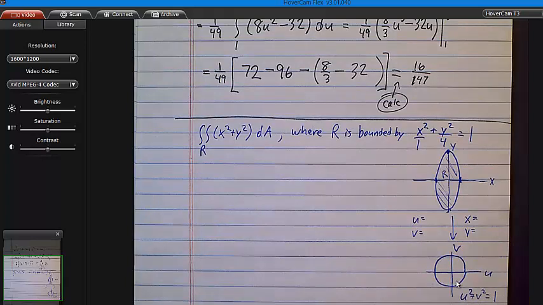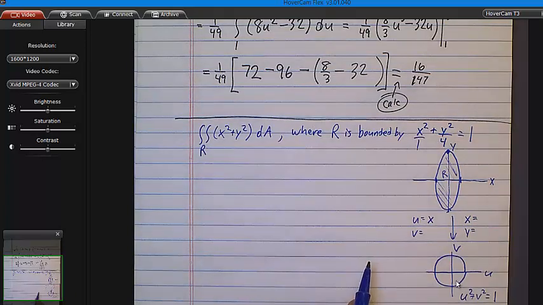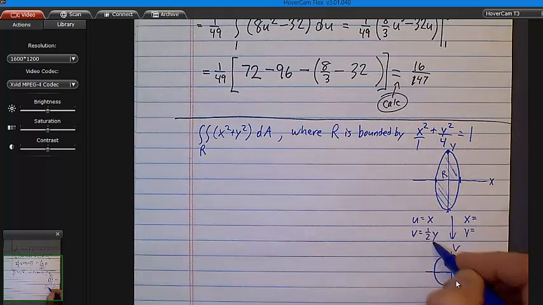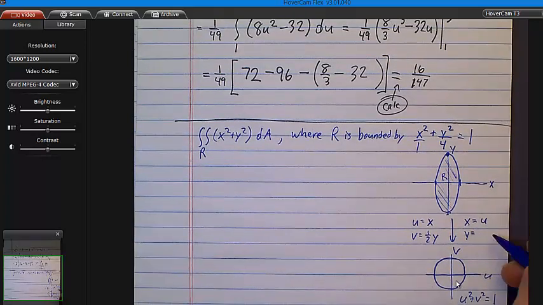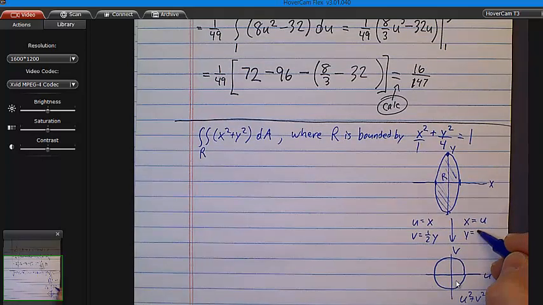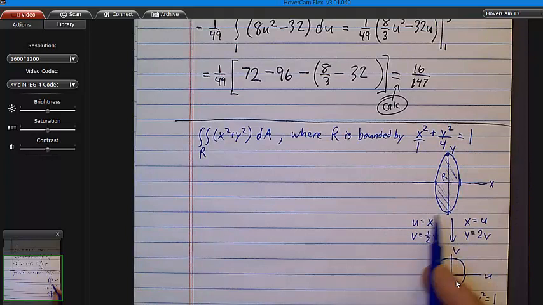Duncan, an idea? Yeah, make u equal to x, right? And make v equal to what? Well, not y. We want it to be half of y. Or in other words, x is equal to u and y is equal to 2v. See, it's twice as tall as the unit circle, but it's exactly the same in the x direction, the u direction.